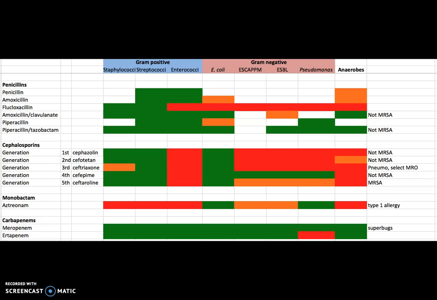The use of meropenem should be reserved for people who have infections with very resistant organisms.